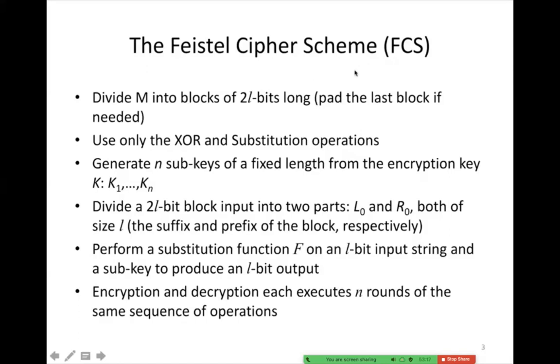In other words, it is encryption and decryption, but of course, not all substitution functions would work well. So you need to work out a good substitution function. But for the Feistel Cipher scheme to work, any substitution function f will do. Encryption and decryption each execute n rounds of the same sequence of operations.